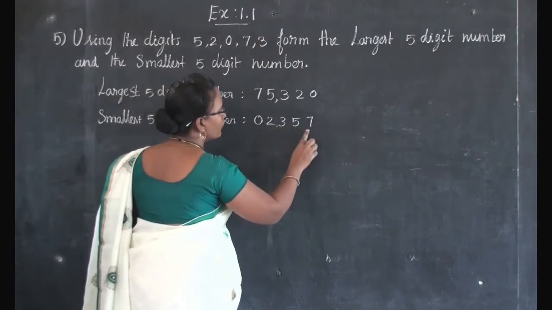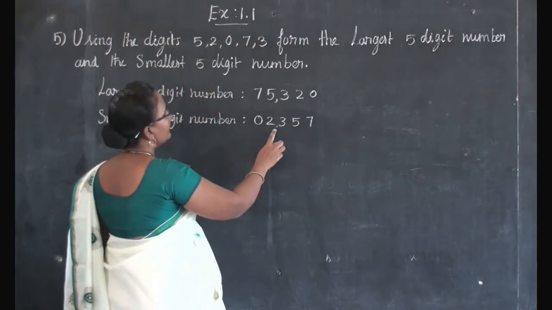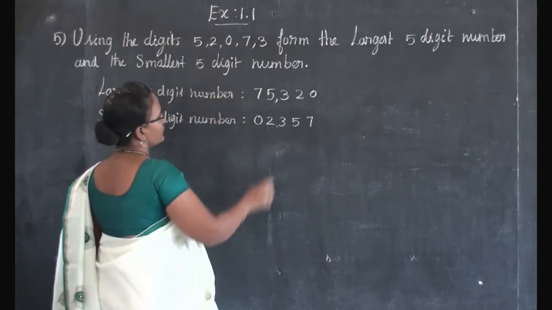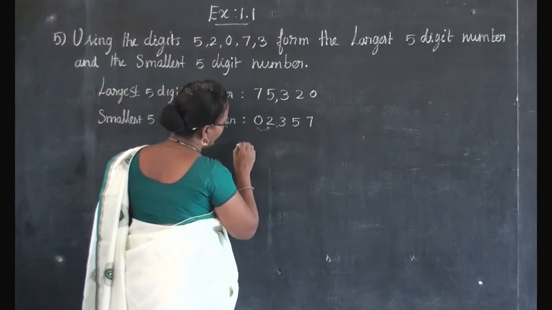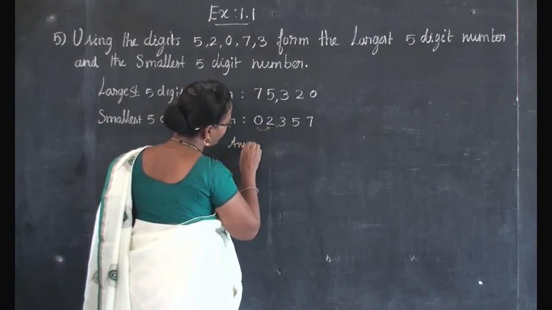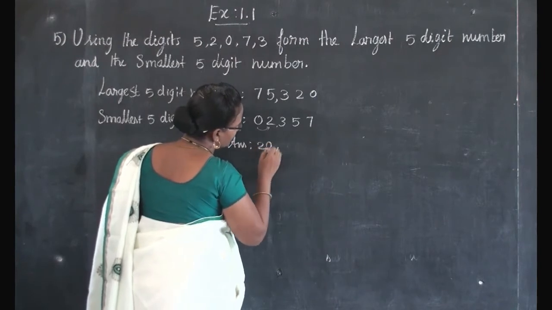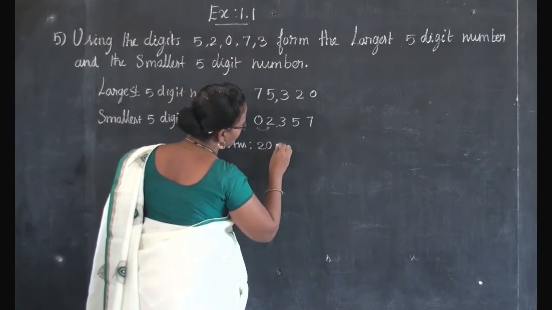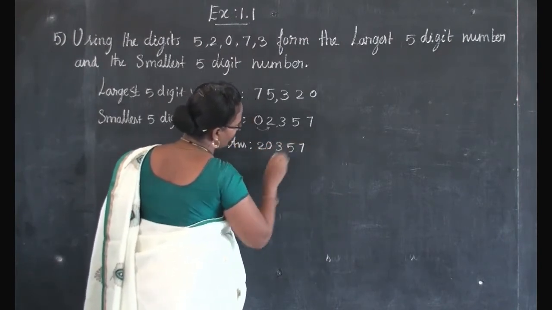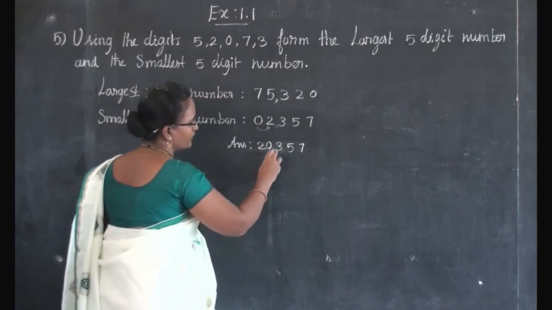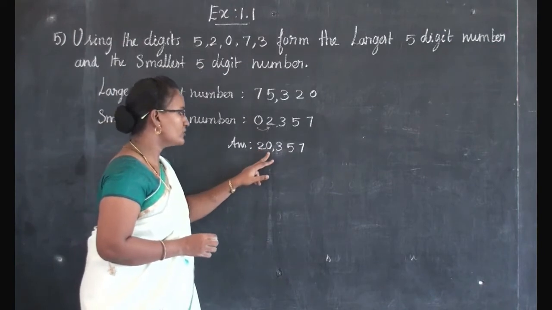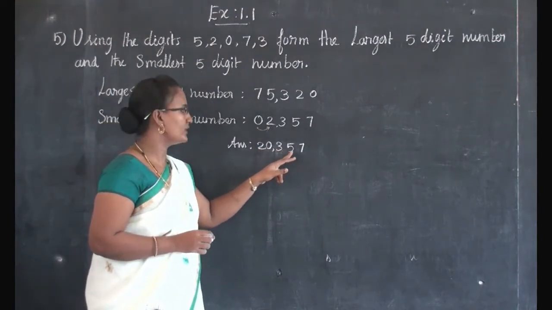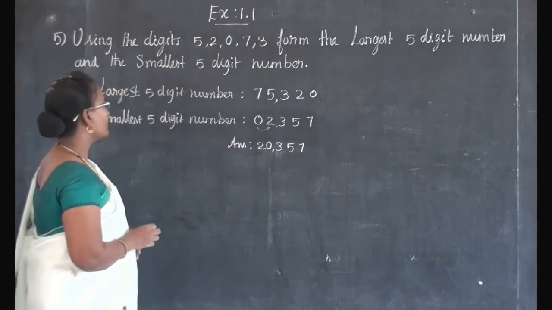That is only 4 digits. Listen, they ask for a 5-digit number. So replace the numbers 0 and 2. We get 20357. So put the comma here. Now the number is 20,357, the smallest 5-digit number.